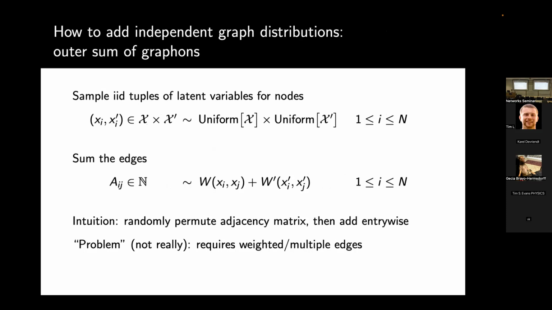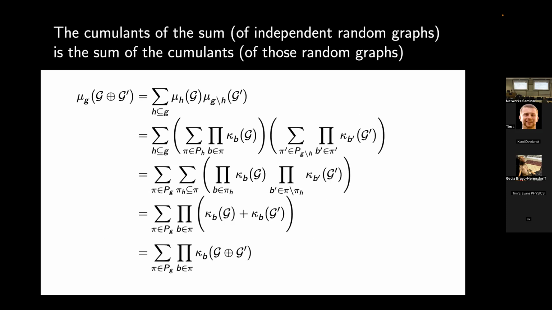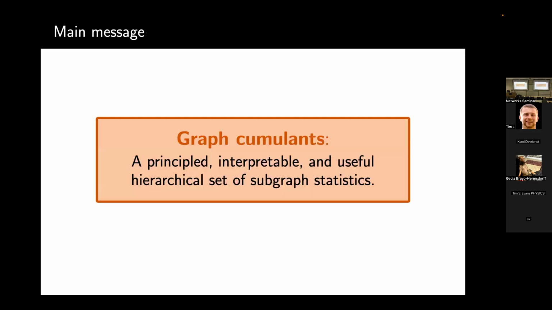That's true for ours too, on a notion of addition, and that's the proof. But I'm going to skip it, and we can talk about it more. I'm just doing addition entry-wise on the adjacency matrix.